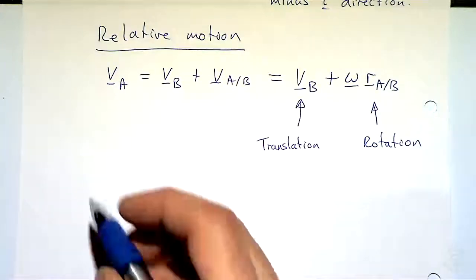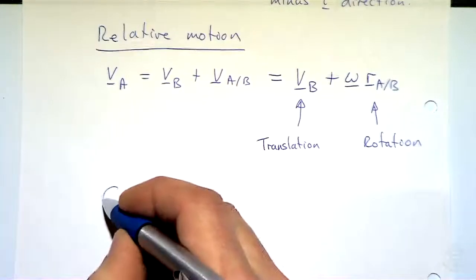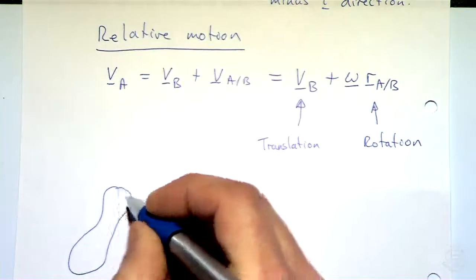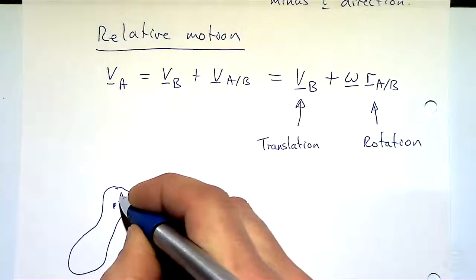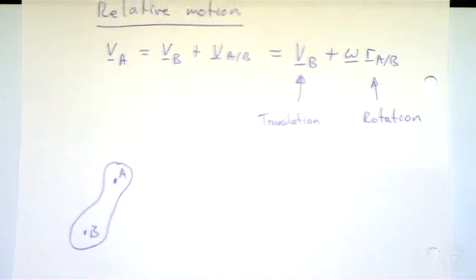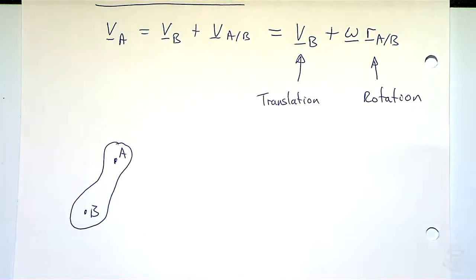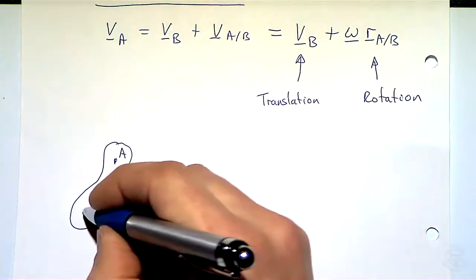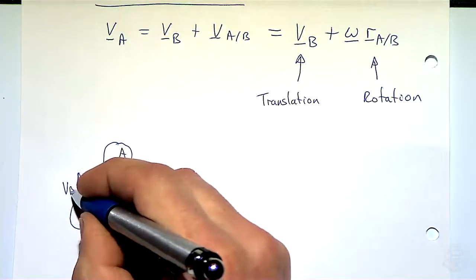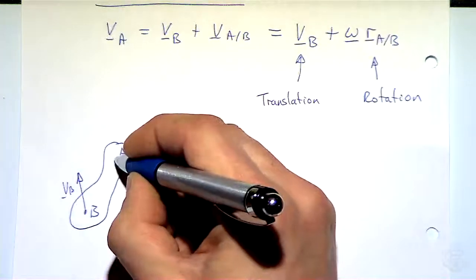So, as an example, if we have a rigid body, and this example is also given in the lecture slides, and we have a point A and a point B on this rigid body. In general, we'll have some velocity VB, and we'll have some other velocity VA.